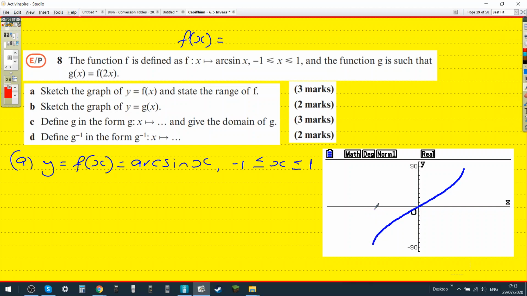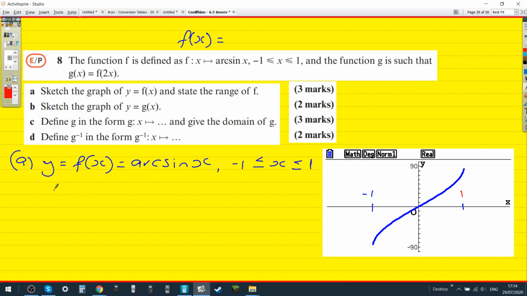And that's because usually y is between minus 1 and 1. So what would the range be of f? Look at your graph. Minus 90 and 90. Yep, although I don't see radians anywhere, so who knows.